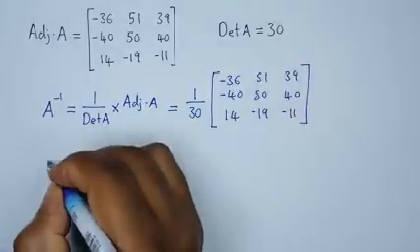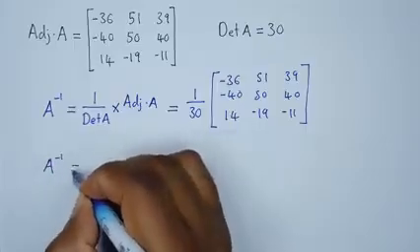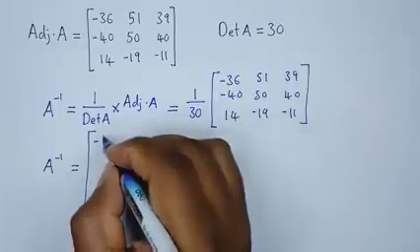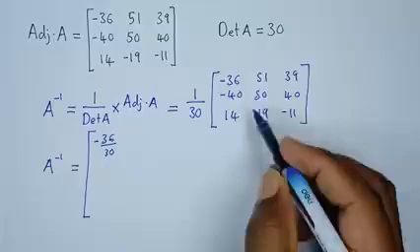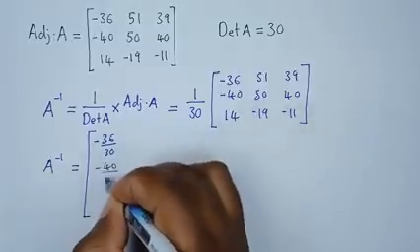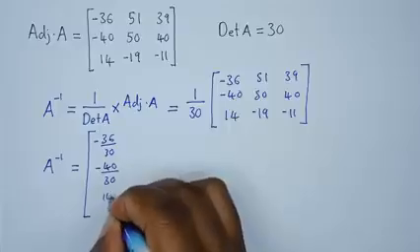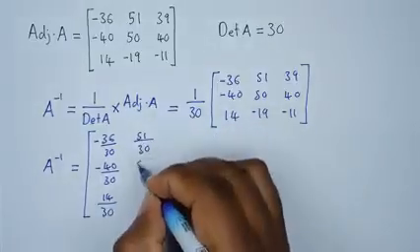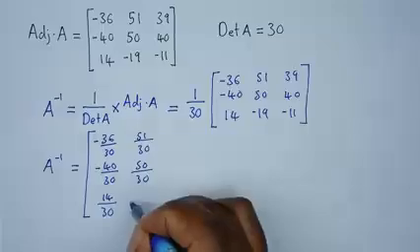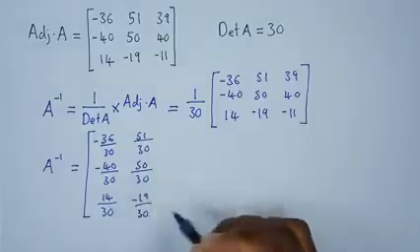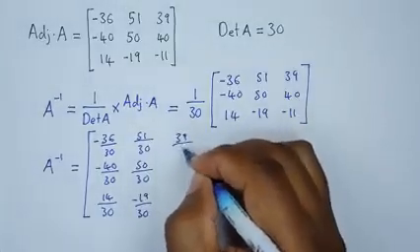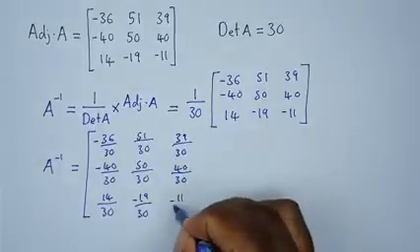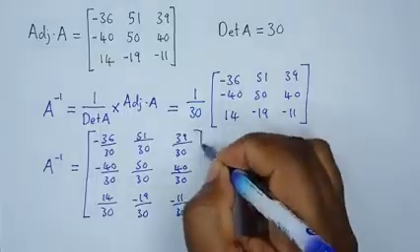So A inverse will be equal to negative 36 over 30, negative 40 over 30, and 14 over 30. Then 51 over 30, 50 over 30, and negative 19 over 30. Last, 39 over 30, 40 over 30, negative 11 over 30.